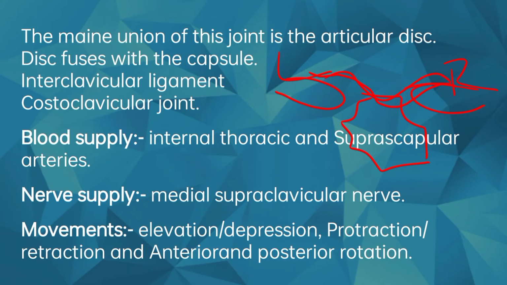This area which I am highlighting is the interclavicular ligament. So both clavicles are interlinked. It passes between the sternal ends of the right and left clavicle, with some fibers attached to the upper border of the manubrium sterni.